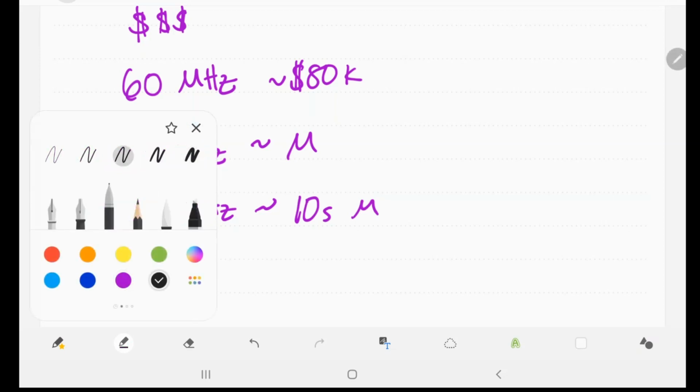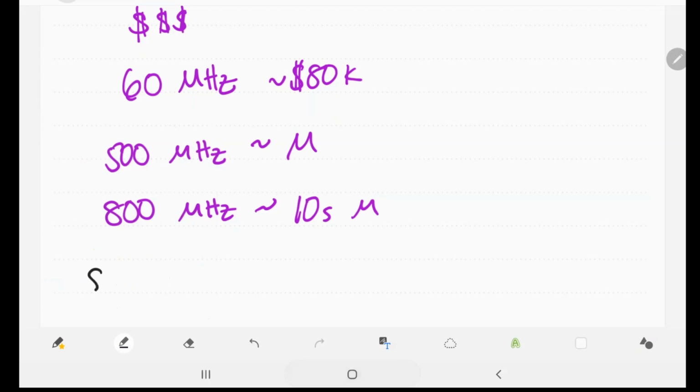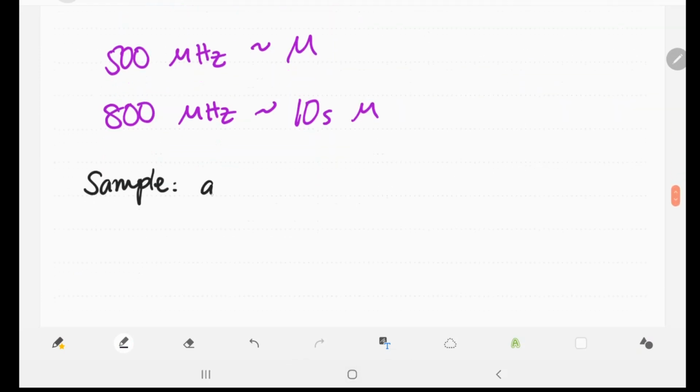In terms of your sample, though, thankfully, if we're doing Proton NMR, anything with protons, with hydrogens, will suffice. So you can use anything that has a hydrogen and take an NMR spectra of it.